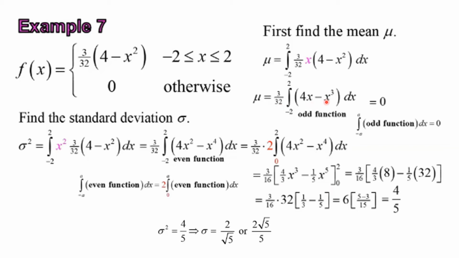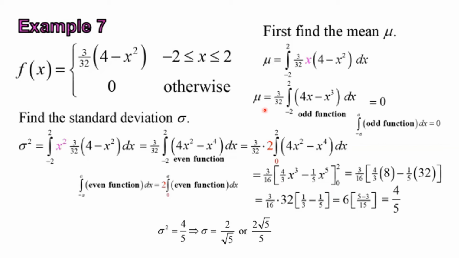But notice that the integrand is an odd function, which means that f of minus x is equal to minus f of x. As you learned in Calculus 1, when you integrate an odd function from minus a to a, you're always going to get 0. Or you could just compute this, but you are going to get 0. So mu is equal to 0.